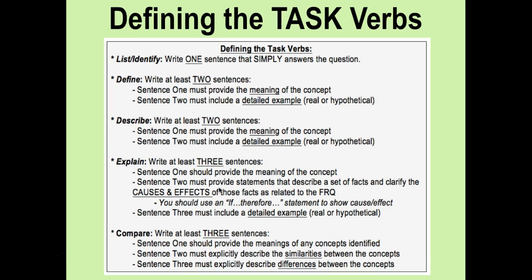All right, so for example, if a question's asking you to explain the reasons why James Madison was fearful of factions, okay? You want to define factions. You want to tell, well, James Madison was really scared of factions because he felt factions could potentially tear apart the country.